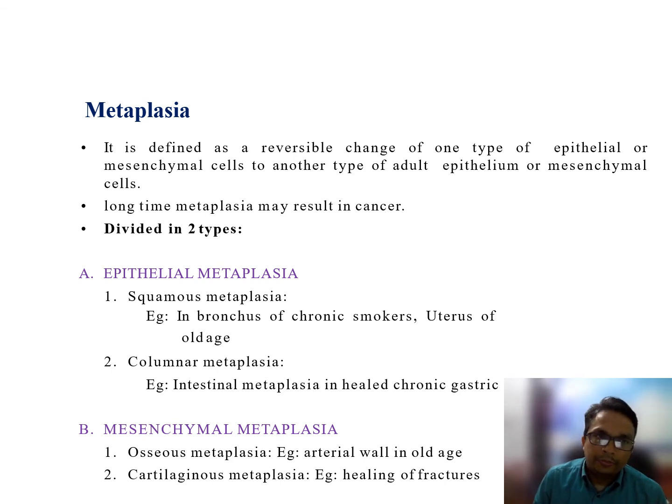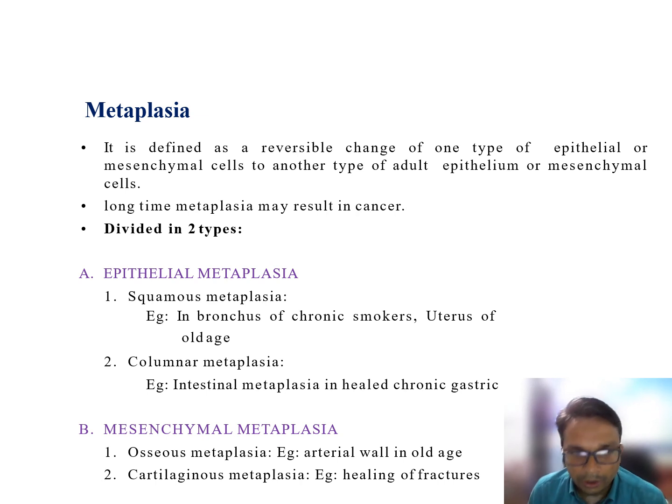The second type of metaplasia is mesenchymal metaplasia, where osseous metaplasia is the first and foremost example. Osseous is a terminology which means the deposition of calcium.